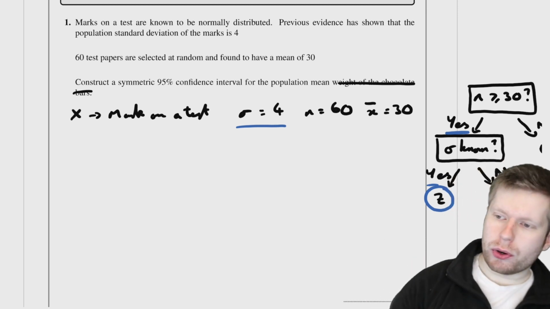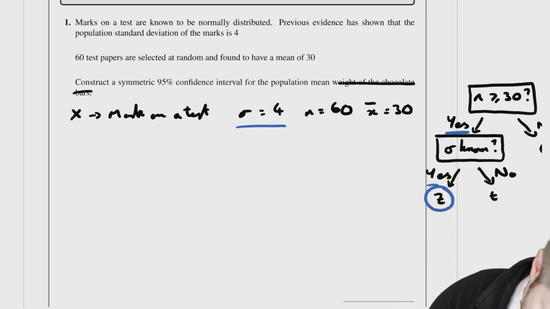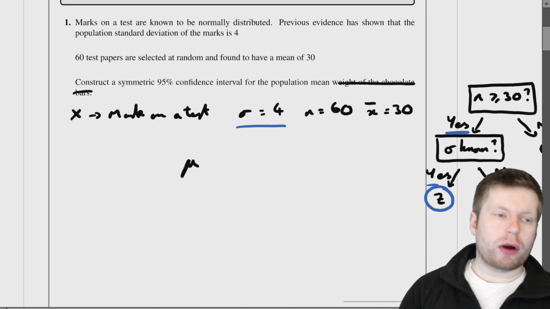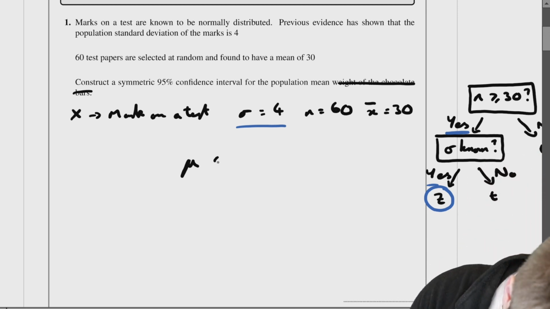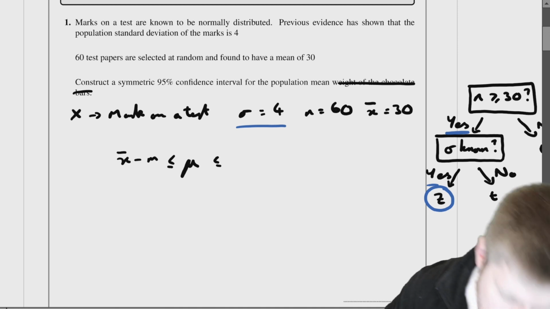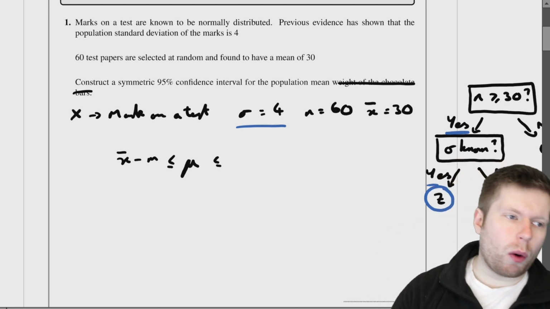Okay, so here's how I'm going to do it. First of all, in the middle, I have my true population mean mark, which I'm going to call mu. And then I say, if I take away some margin of error from my sample mean mark, that should be my lower bound.